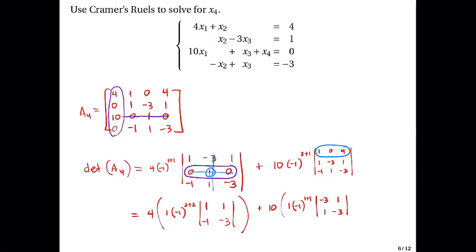Okay? So that's for this guy here. And then for this guy, because this one is 0, so we can skip this part here. For this guy, we have plus 4 times negative 1 raised to, the entry location is 1, 3. So this is 1 plus 3.